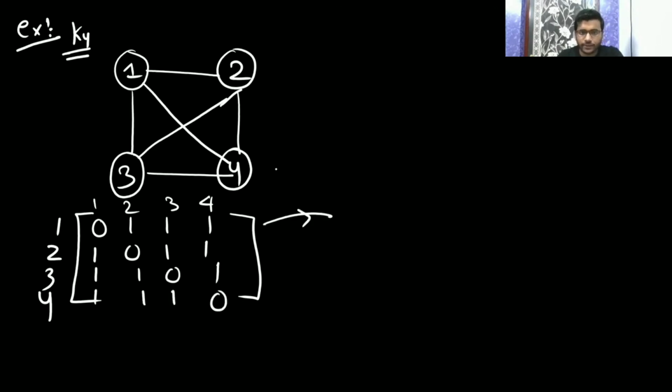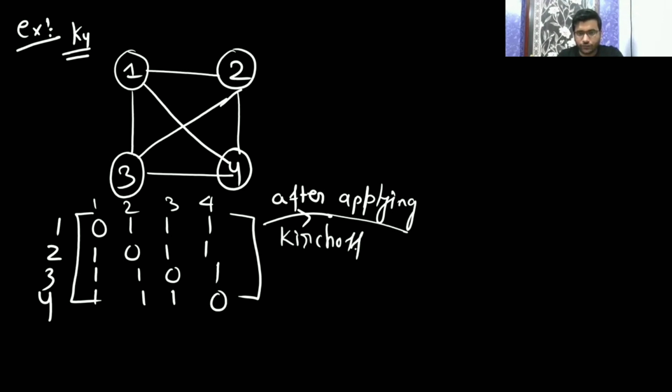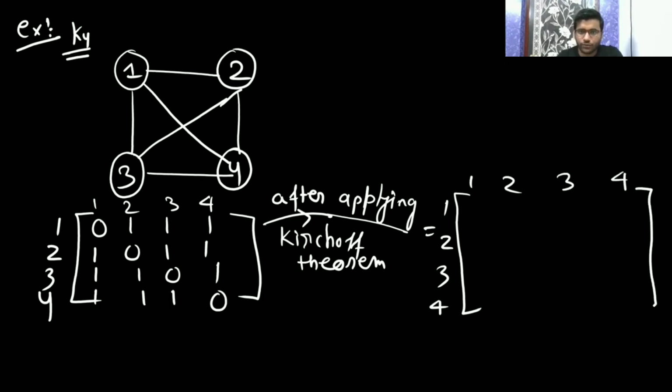Now you apply Kirchhoff theorem, so you are going to get here, यहाँ डिग्री क्या होगा? ये डिग्री इज गोइंग टू 3. So 1 2 3 4. Here also 1 2 3 4. And degree is going to be 3 3 3 3, and all 1 is going to be replaced by negative.